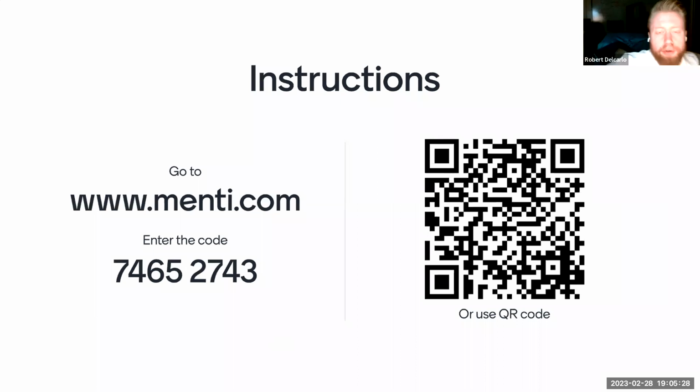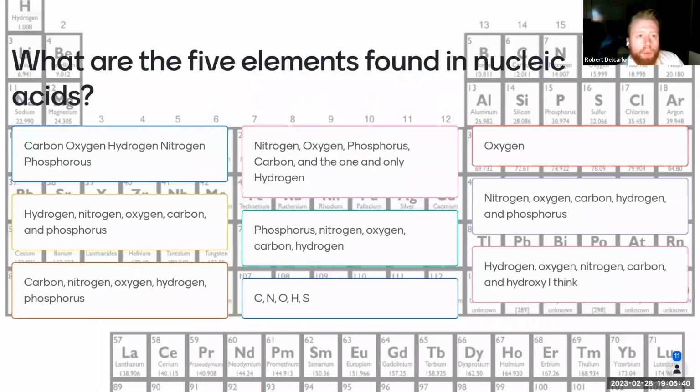So let's go ahead and hop over to Mentimeter for a second, and you can start answering the first question, and we'll see what you've got here. So what are the 5 elements found in nucleic acids? We've got some answers here: carbon, oxygen, hydrogen, nitrogen, and phosphorus. And that seems to be the consensus here.